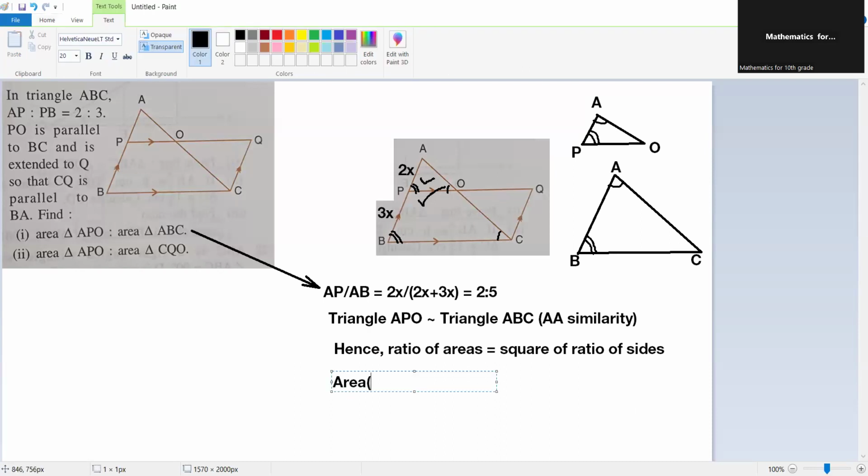Area APO is to area ABC is equal to the ratio of any two corresponding sides. Let's say it's AP is to AB, square of that.